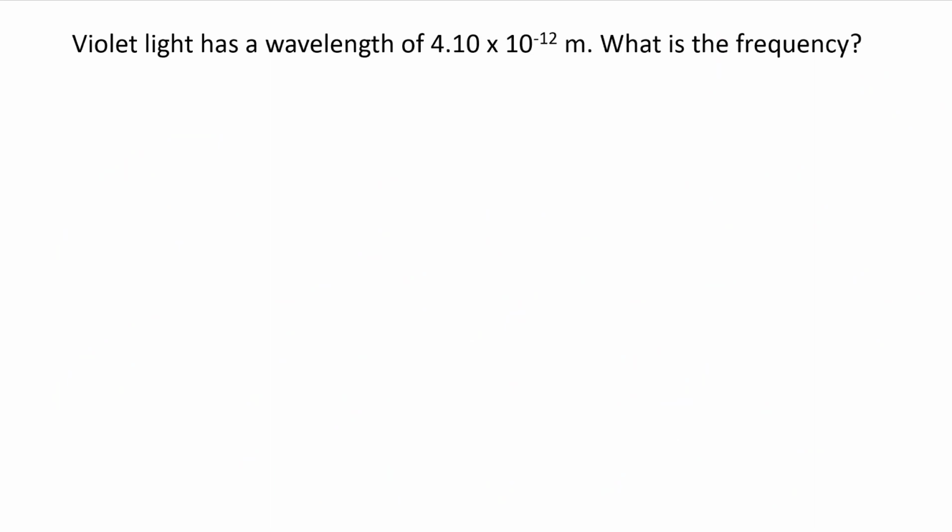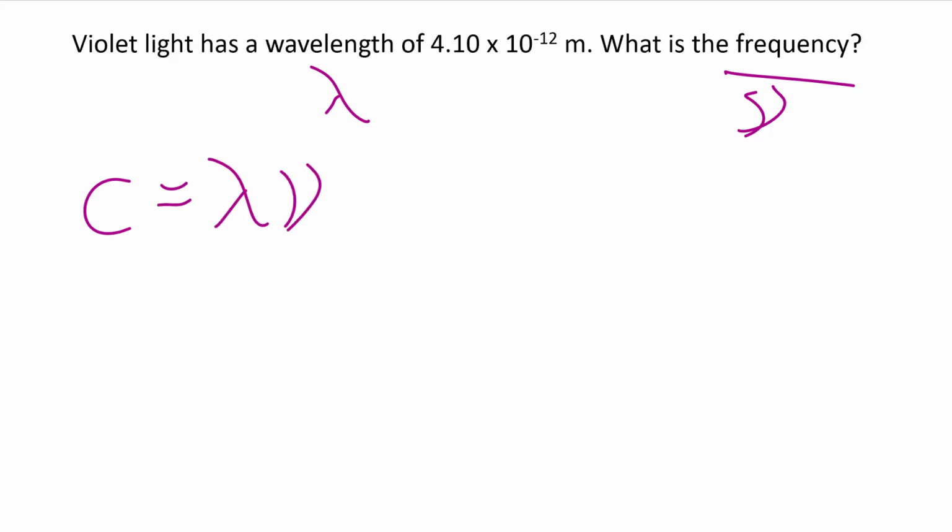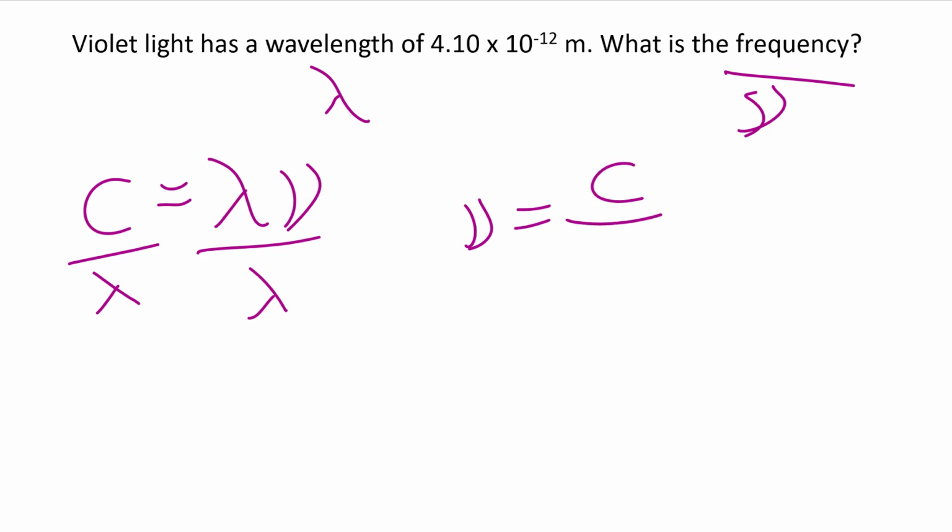Okay, but let's do some problems just to make sure that you know how to do these. So this problem: violet has a wavelength of 4.1 times 10 to the negative 12 meters. What is the frequency? So we're solving for frequency, which is the symbol nu, and we're given wavelength, which is lambda. So we're going to use the equation C equals lambda nu from the previous page, and solve for frequency. You divide both sides by lambda, and you get the equation nu equals C over lambda.